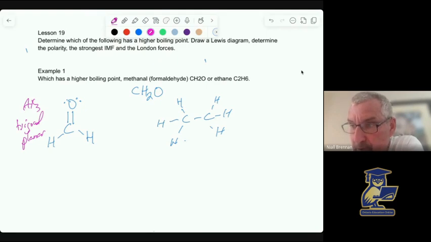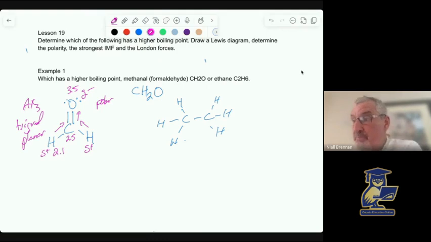The electrons are going to move slightly up towards the carbon, with electronegativity values of 2.1 and 2.5, so a slight pull, but a bigger one over here, 2.5 to 3.5. So we definitely have a negative charge on the oxygen and a positive charge on the hydrogen. This is going to be a polar molecule.